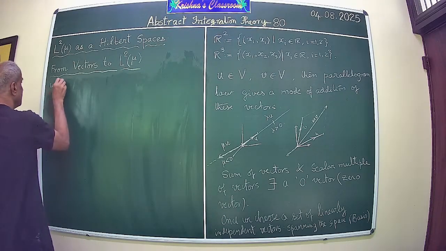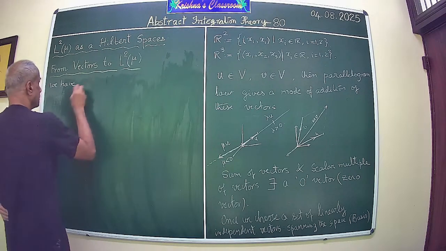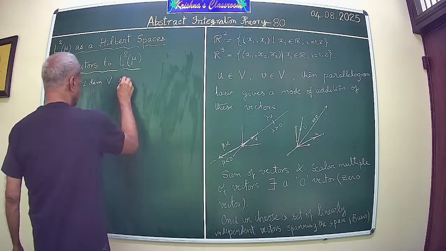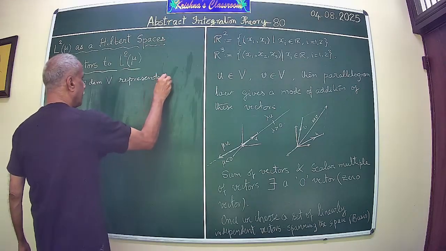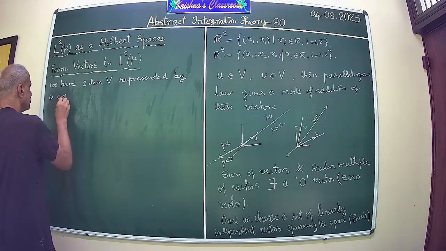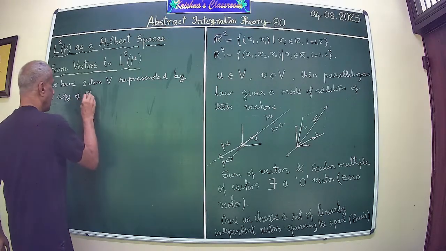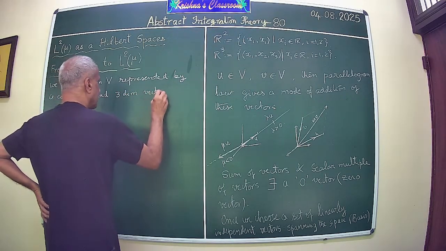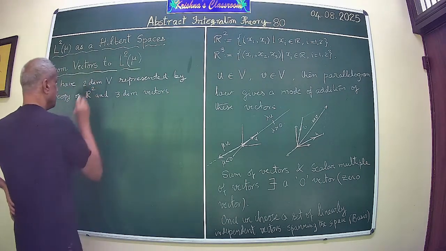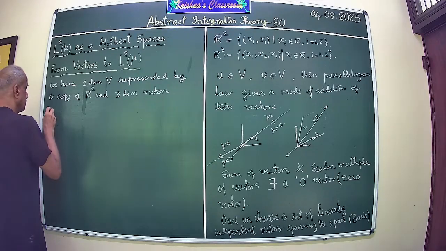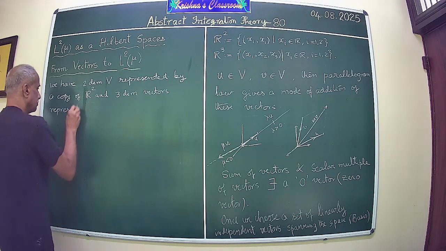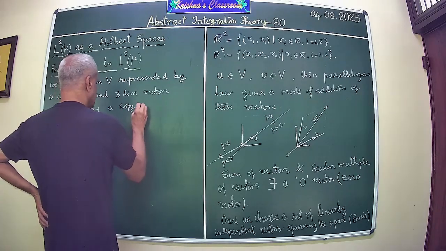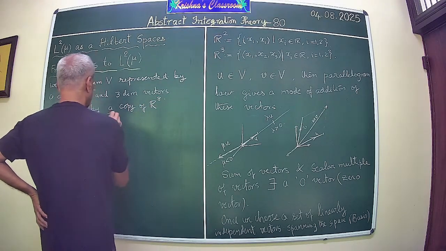We have the two-dimensional vector space V represented by a copy of R, and the three-dimensional one by a copy of R. Now this choice is important here.